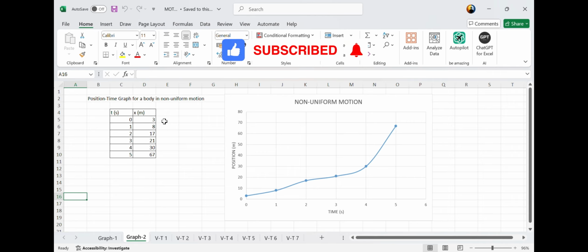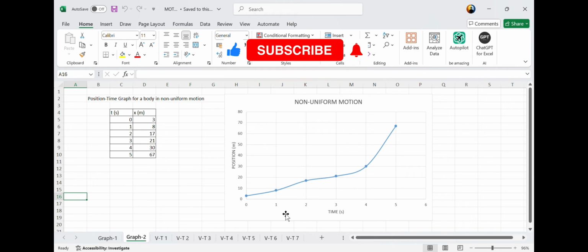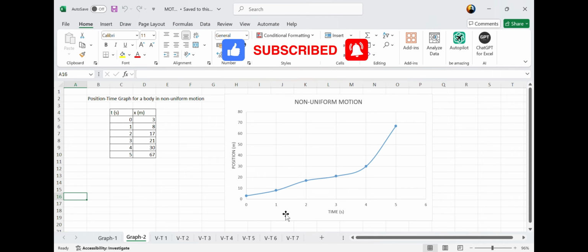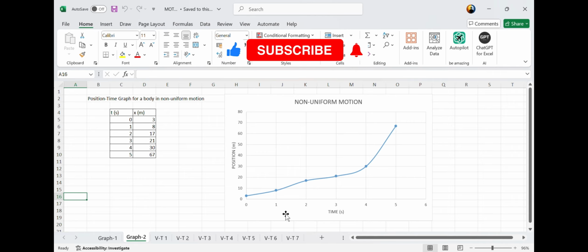The position over here is not changing uniformly with respect to time. At first, at time equal to 0 seconds, the position of the object is 3 meters. At time equal to 1 second, the position is 8 meters. Then at 2 seconds it's 17 meters. Then at 3 seconds it's 21 meters.